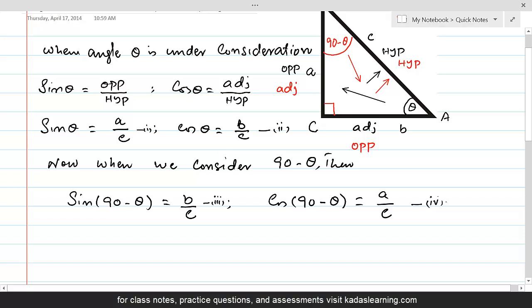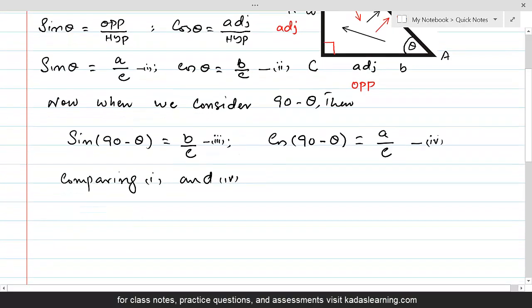If you carefully take a look at 1 and 4, both are equal to A over C. So comparing 1 and 4, because both are equal to A over C, therefore cos of 90 minus theta would be equal to sine theta.